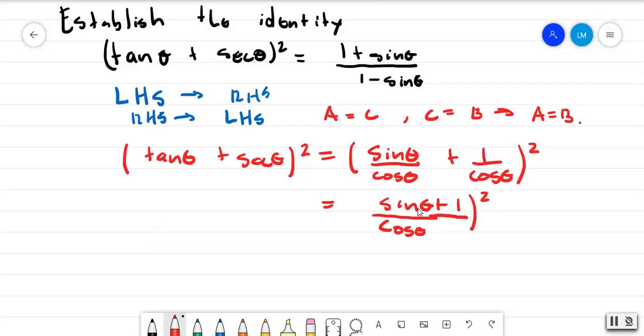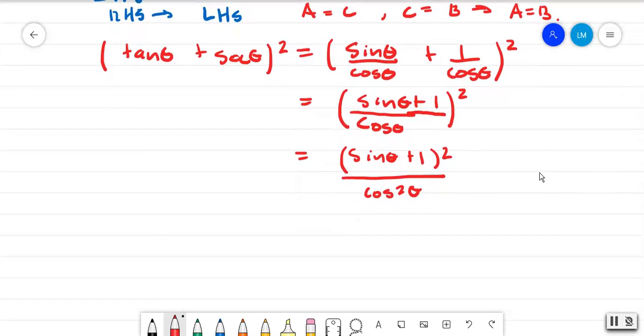Now all of that is raised to the second power. Now notice that this is going to give you sine theta plus 1 to the second power, but all of that is divided by cosine squared theta. Now, interestingly enough, the cosine squared theta can actually be rewritten in the following manner.